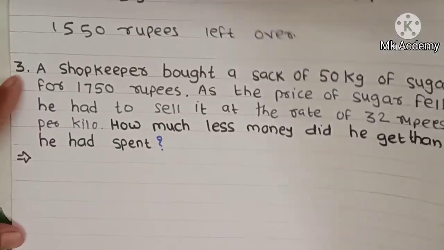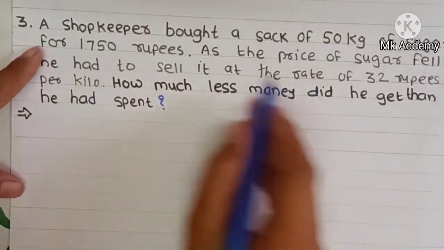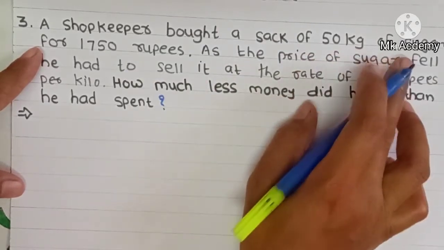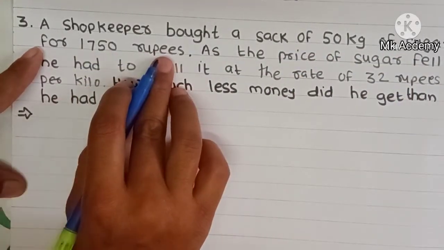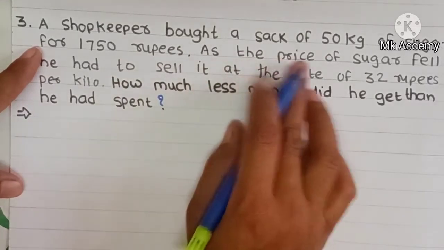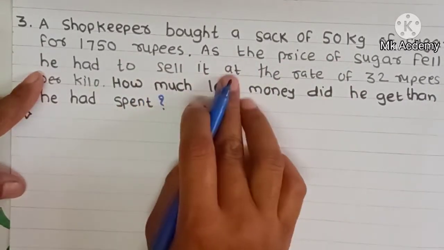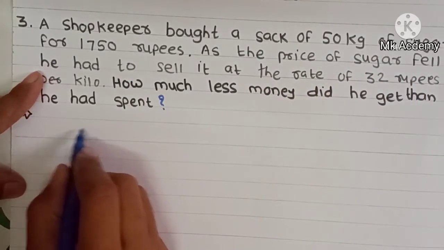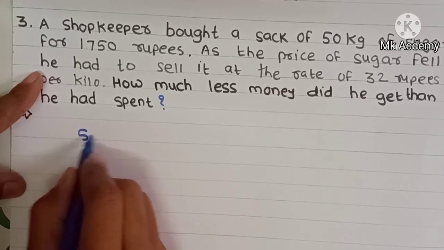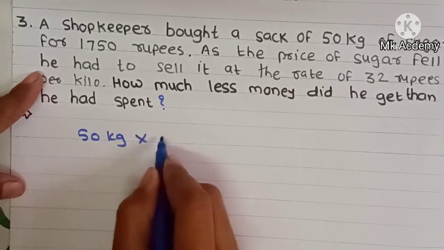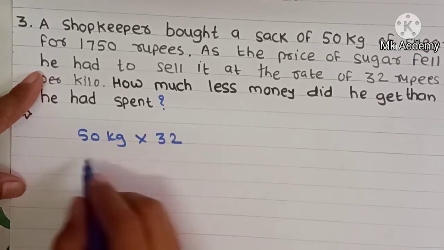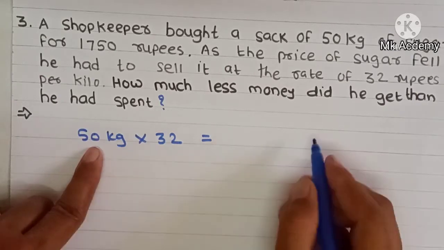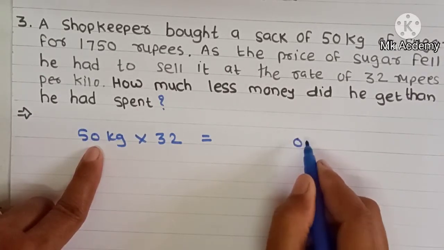Now the shopkeeper bought a sack of 50 kg of sugar for 1,750 rupees. As the price of sugar fell, he had to sell it at the rate of 32 rupees. Means the shopkeeper sells 50 kg sugar at 32 rupees per kg. Means we have to first calculate the amount.